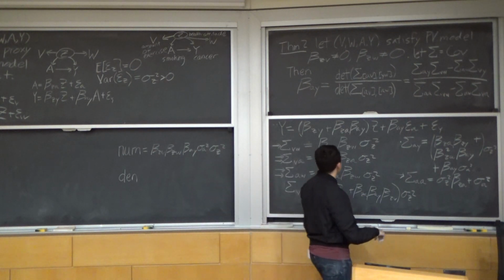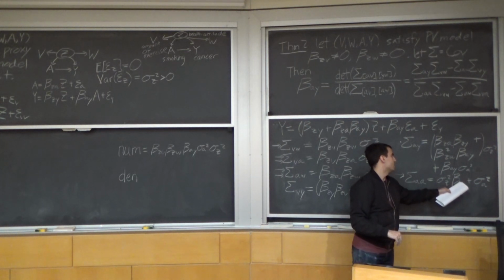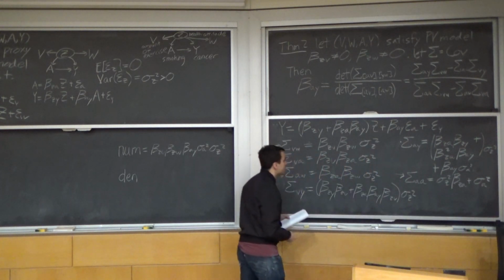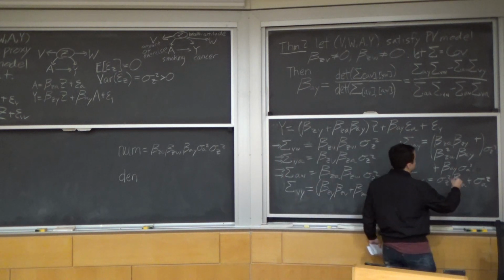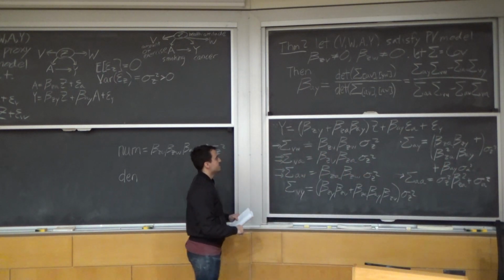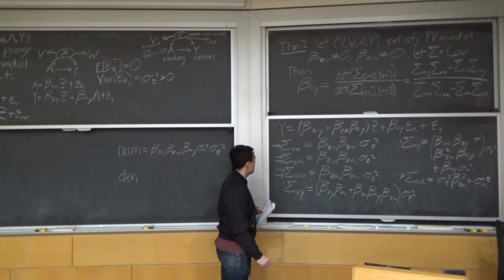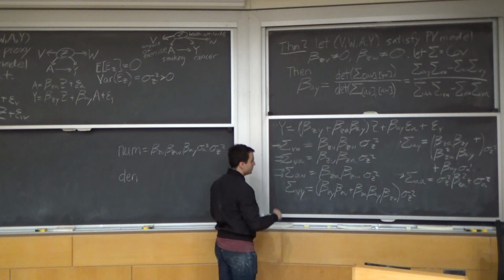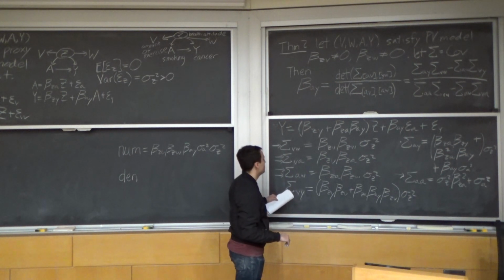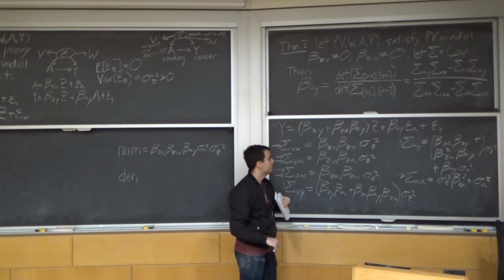Right, and something similar is going to happen. Let's keep track of all of our sigma z to the fourth ones. We're going to have beta za, sorry, this is actually beta za squared, times beta zv, beta zw. And then we look at the other one, and we end up subtracting that, beta za squared, zv, zw.